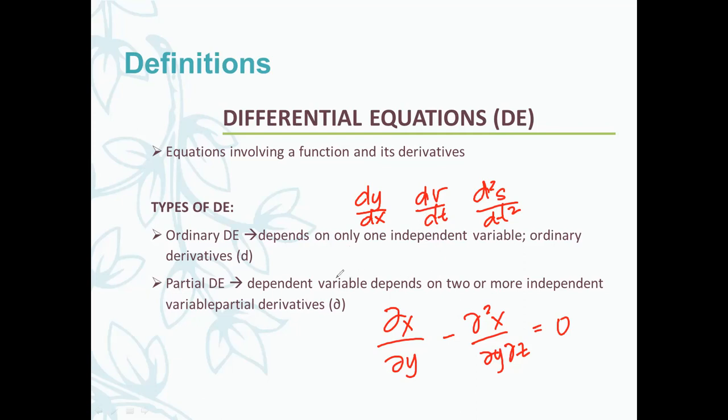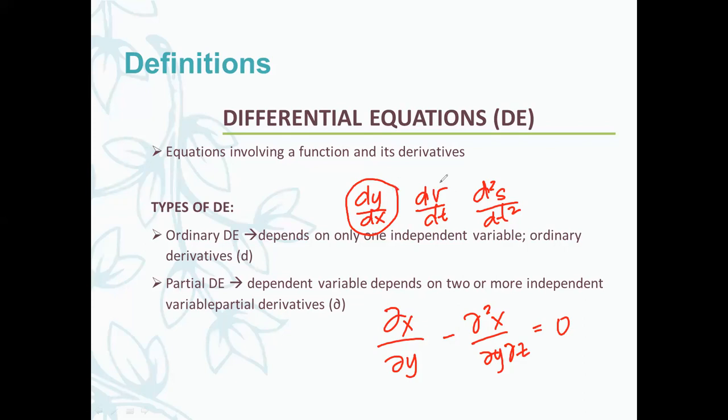I'll use this as the example. The variable that appears in the denominator, in this case the x, is the independent variable. The variable that appears in the numerator of your derivative is the dependent variable. In some books, it's also referred to as the function or the unknown function.